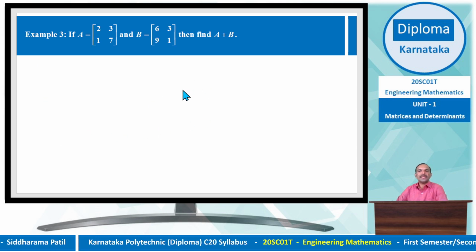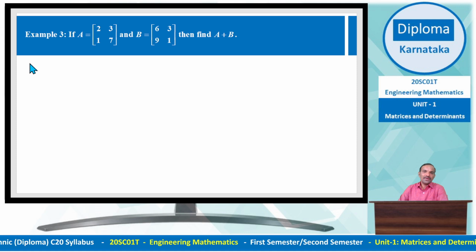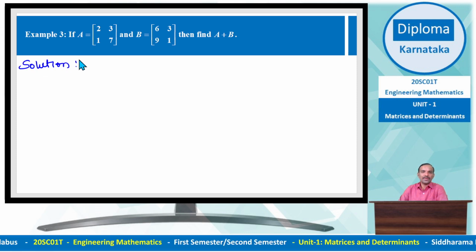Next, example 3. If A equal to 2, 3, 1, 7 and B equal to 6, 3, 9, 1, then find A plus B. First you have to write down the given matrices. Solution.